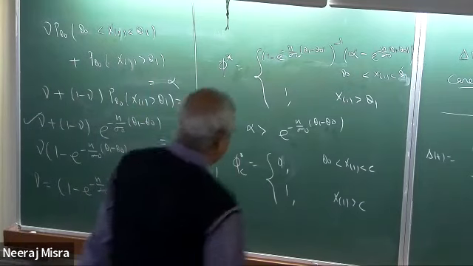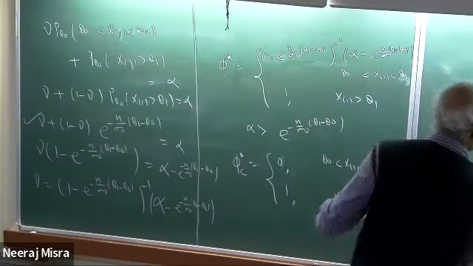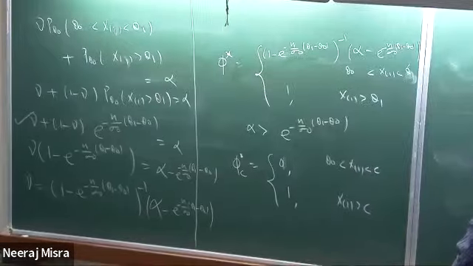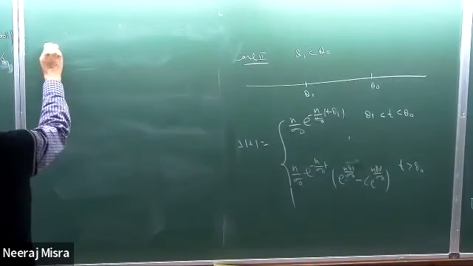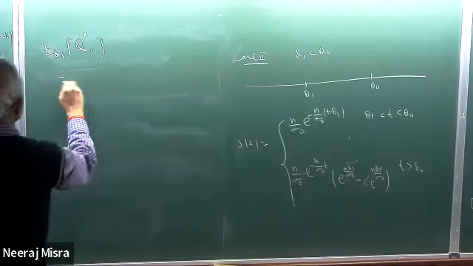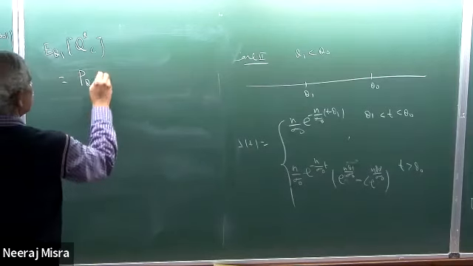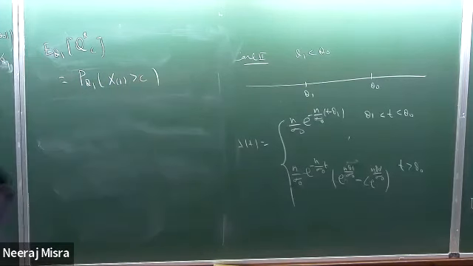So let's look at what is the power of this test. E theta 1 phi star C is how much? Probability under theta 1 that x1 is greater than C. What would be that quantity? Your C is between this quantity, because that is where you have chosen.